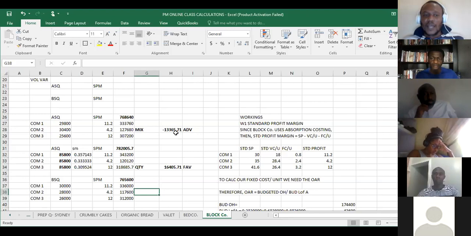And we'll look at which one has the highest profit margin. In your actual mix, you will sell less of commodity 3 and more of commodity 2, because commodity 2 has the least profit. You can discuss that. That's one point that you're giving. The more important thing is the sales price variance, and we're looking at the total volume variances.